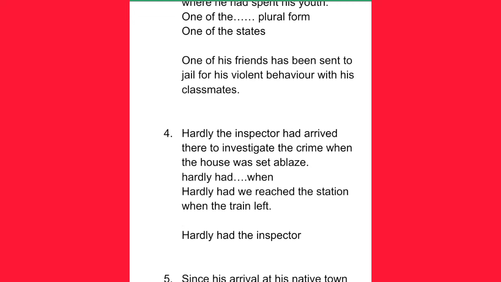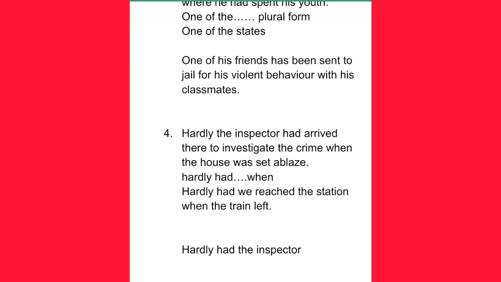Sometimes there could also be another kind of error in the sentence. Sometimes the sentence is such that in the first part they use hardly had and in the second part they may use then, while they must use when, because hardly had is always used with when, then is used with no sooner.